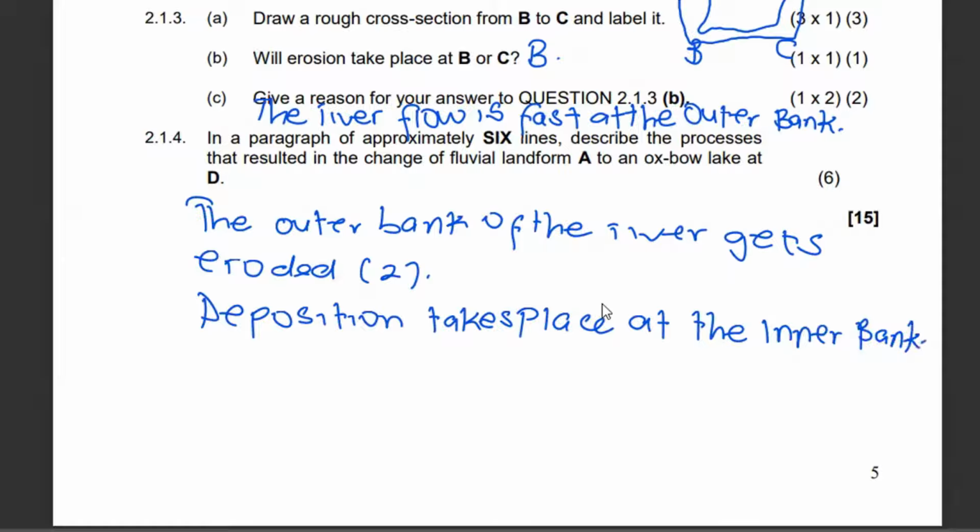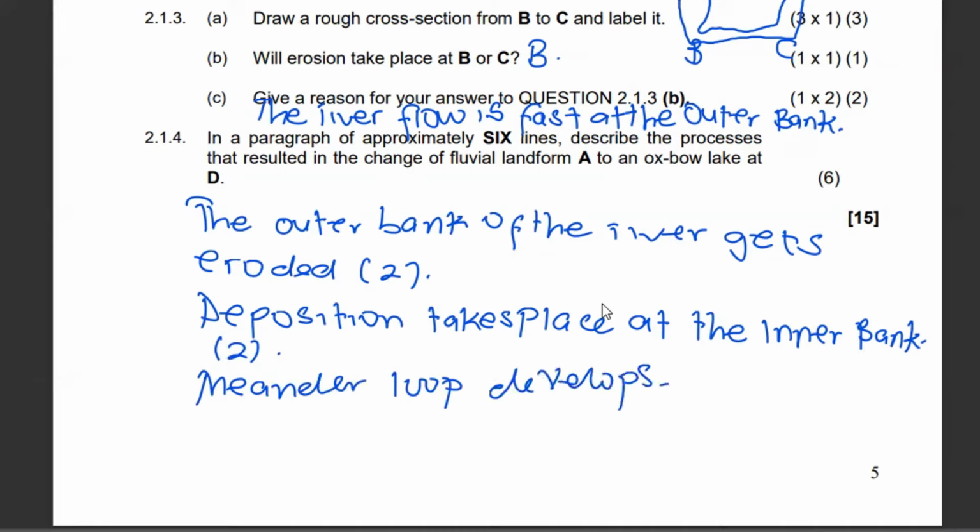You also get 2 marks for that. Remember, they say it's approximately 6 lines, but for each line you give, you get 2 marks. And then you also talk about how the meander loop develops.